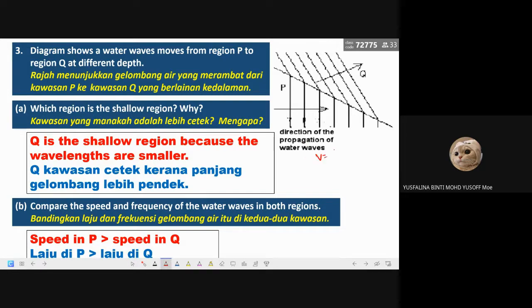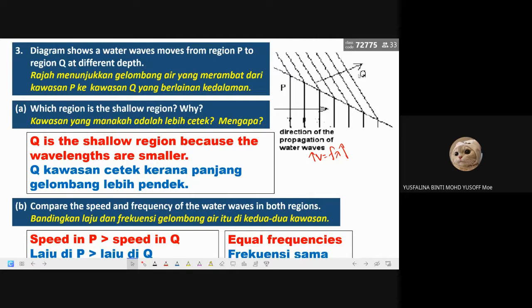If the wavelength increases, the speed also will increase. Here the wavelength of P is higher than Q, so the speed for P also will be higher. So the speed at P is higher than Q.